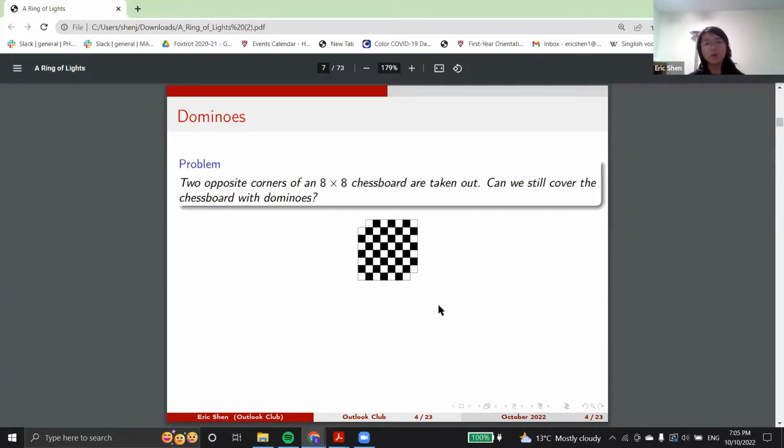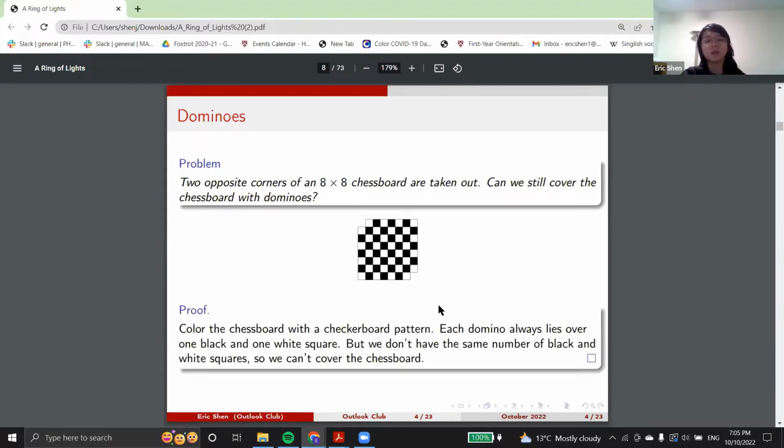And what we also know about dominoes, and this is very important, is that dominoes always take up exactly one white and one black square. So no matter how we tile with dominoes, we're always taking up the same number of white and black squares. If our final state doesn't have the same number of white and black squares, which is the case here, then we're done for. We can't do it. And that's the reason why we can't cover this 8x8 chessboard with dominoes.